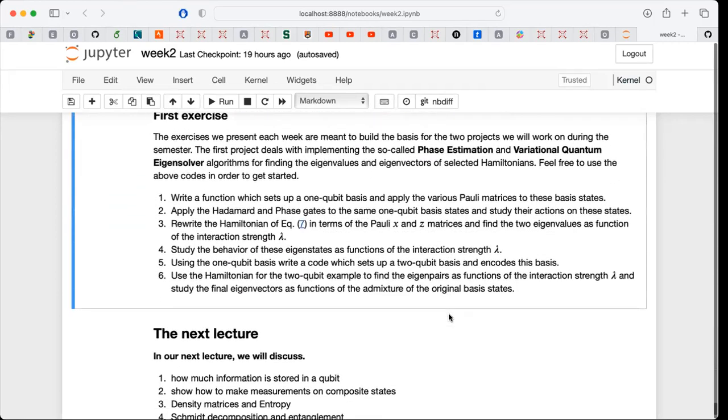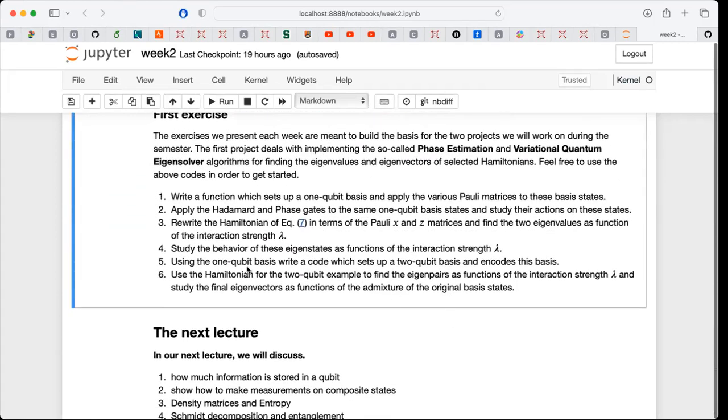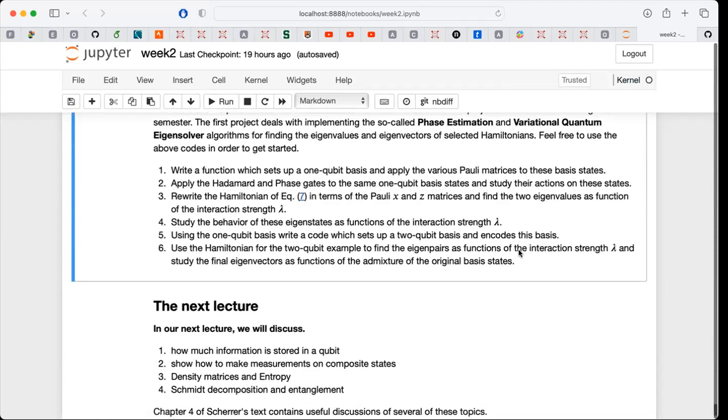And then when you've done that, you can use the one qubit basis and write a code which sets up the two qubit basis, study the behavior of these eigenstates for this Hamiltonian 7 as a function of the interaction strength, and convince yourself that there is a change of character.